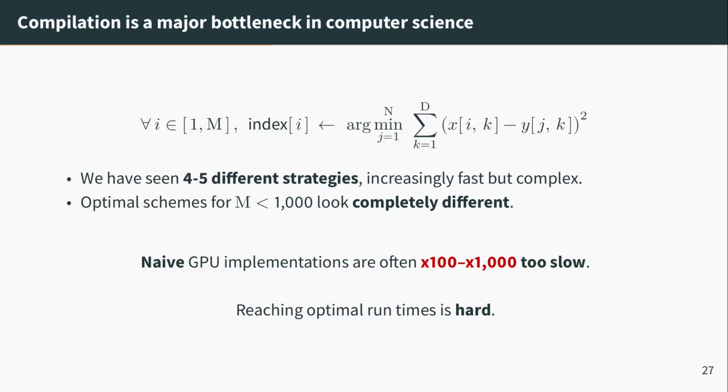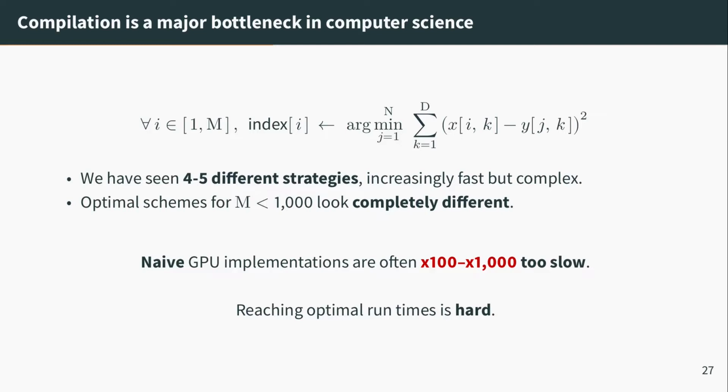And what I haven't told you is that if the number of query points, M, is smaller than the number of cores, you need to use completely different schemes to be optimal. For instance, having a data set and wanting to find the nearest neighbor of one point is a completely different CUDA program. So it's a super large space of programs.